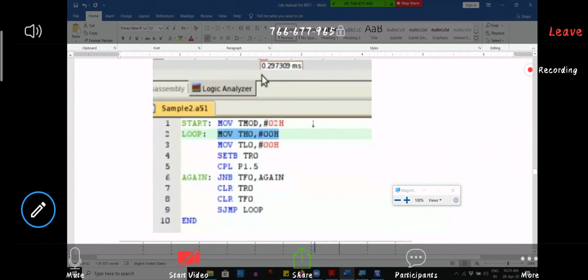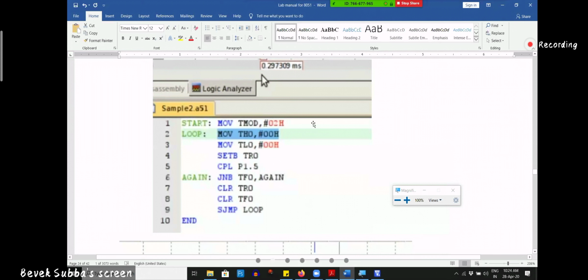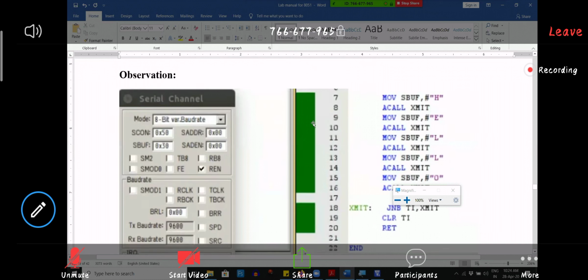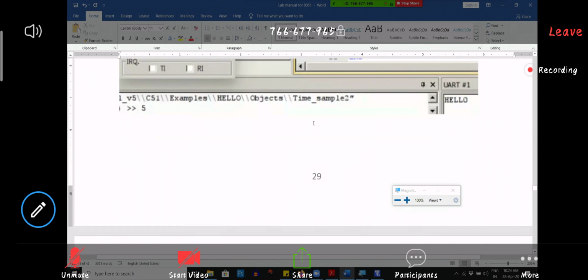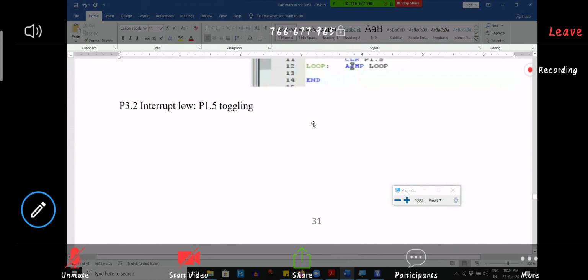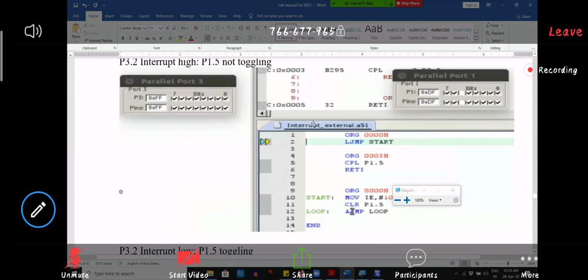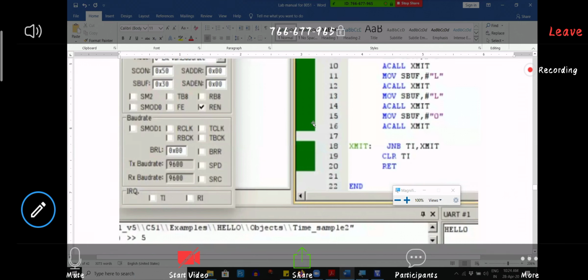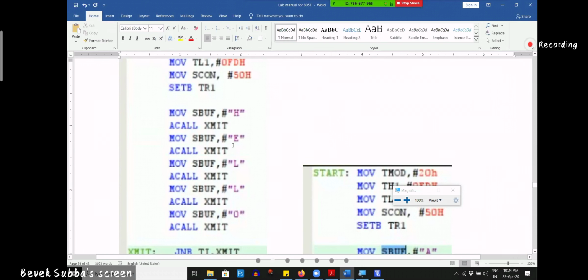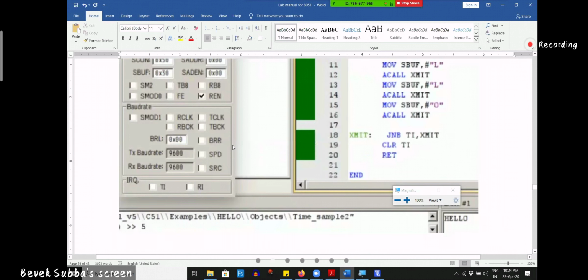Anybody remembers? Serial communication, sir. Yeah. But serial communication is without using index addressing. This one is without using index addressing. You know it, right? Yeah.